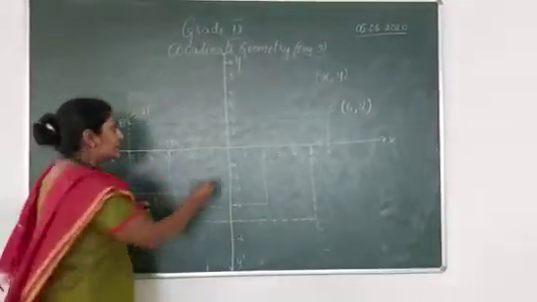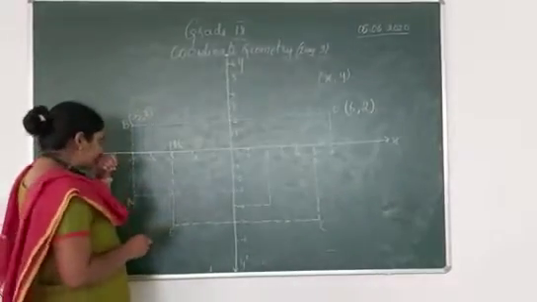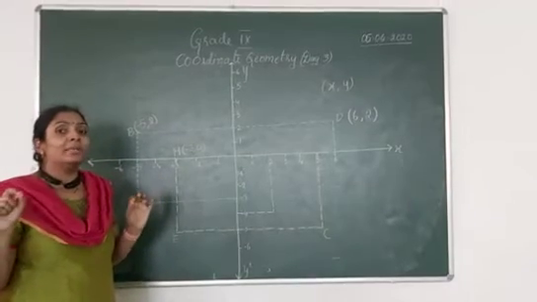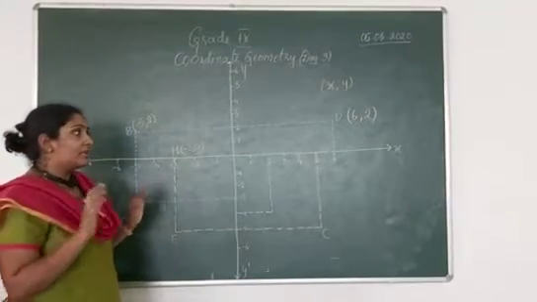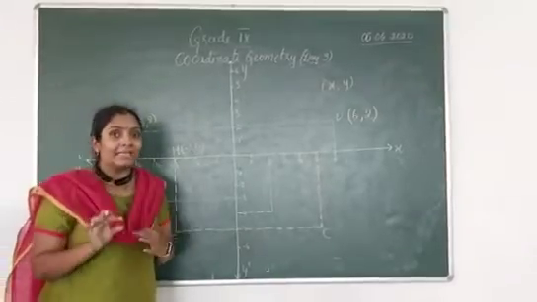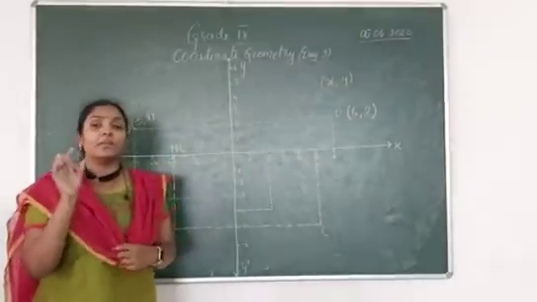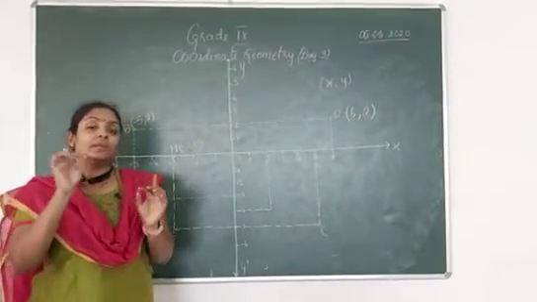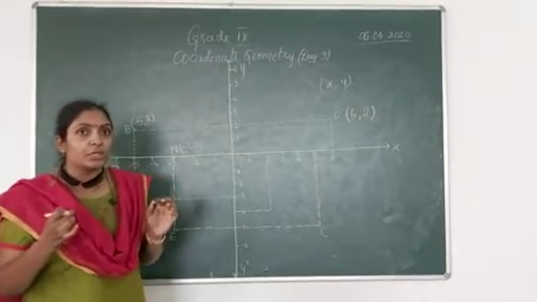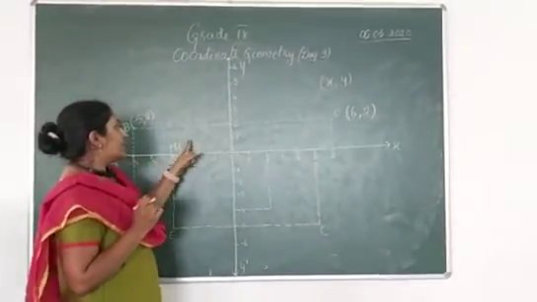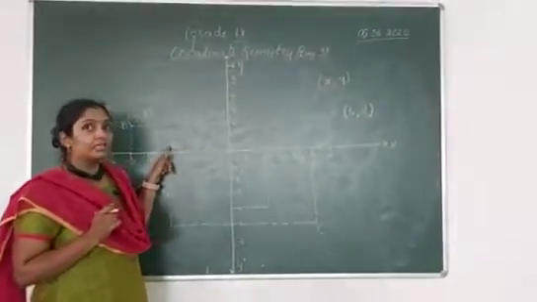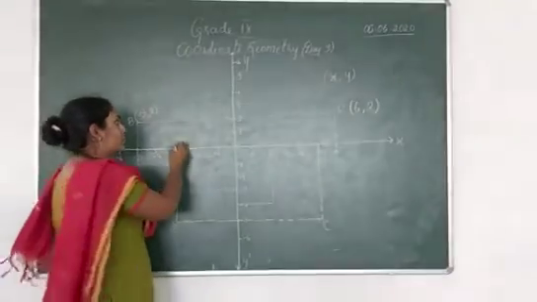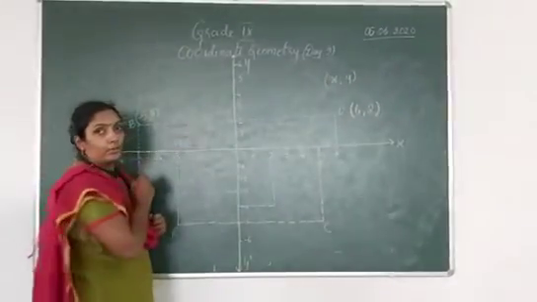In other words, on the x-axis all the y values will be 0. As we were discussing, the x-coordinate indicates the distance of a point from the y-axis, and the y-coordinate indicates the distance of a point from the x-axis. Since M is on the x-axis, its distance from the x-axis is 0.